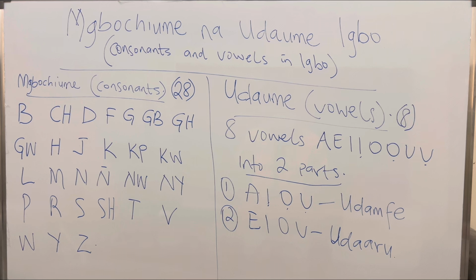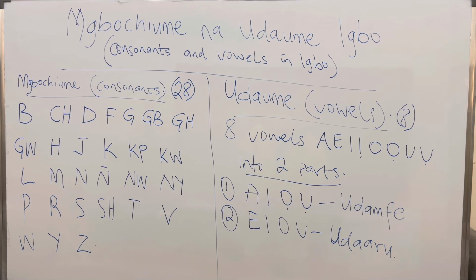The pronunciations are different. So let's go. We are going to start with the consonants, which is known as mbochi ume. We have 28 of them. Let's go.